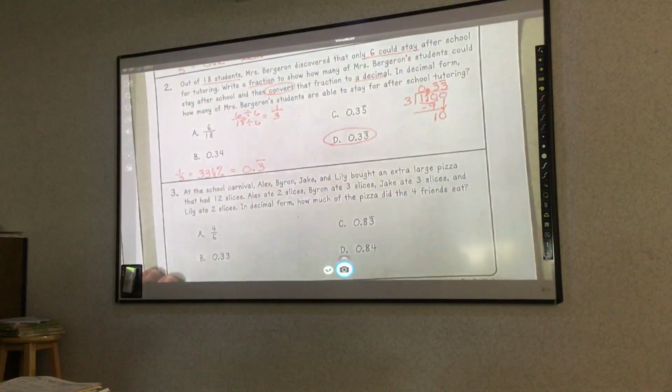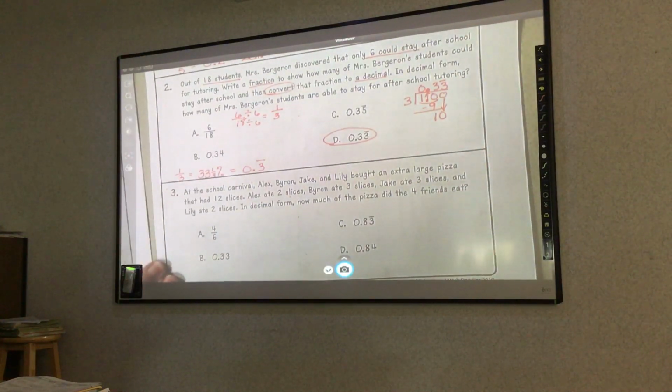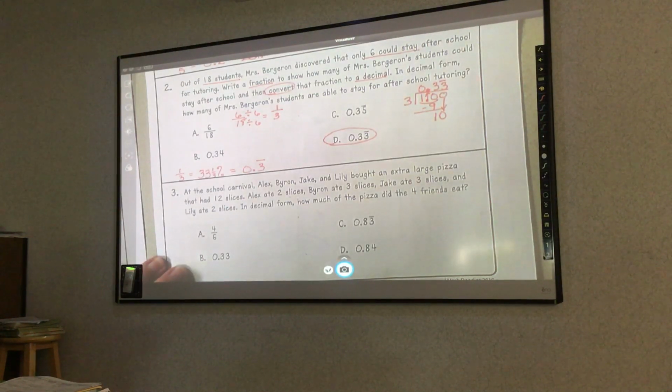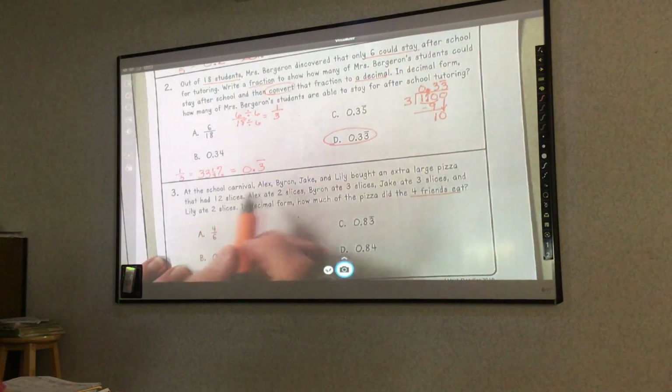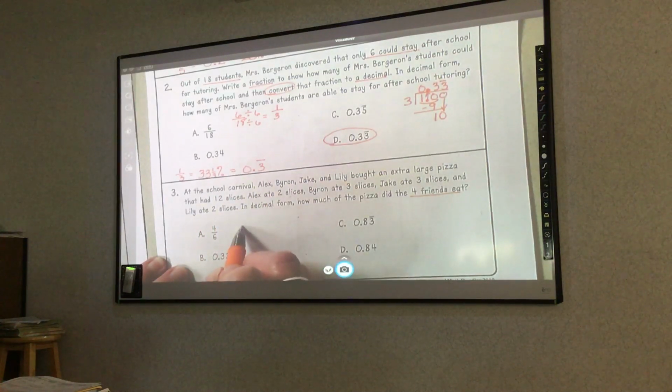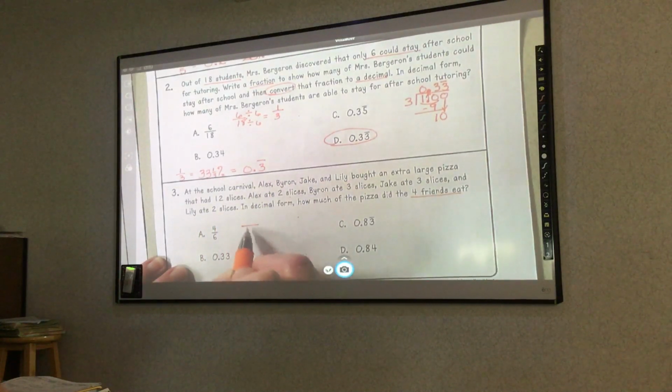And number 3, at the school carnival, Alex, Byron, Jake, and Lily bought an extra large pizza that had 12 slices. Alex ate 2 slices, Byron ate 3 slices, Jake ate 3 slices, and Lily ate 2 slices. In decimal form, how much of the pizza did the 4 friends eat? So, it's got 12 slices, right? So that would be on the bottom, right?